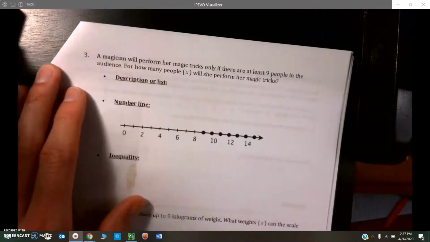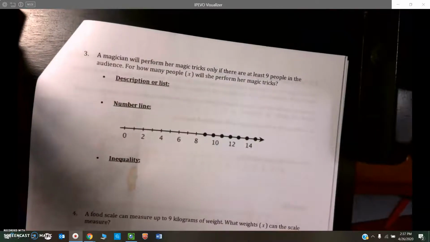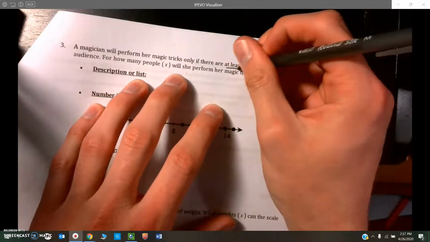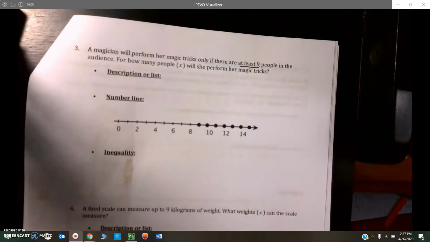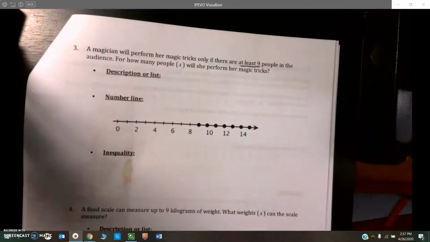So for number 3, a magician will perform her magic tricks only if there are at least 9 people in the audience. For how many people will she perform her magic tricks? So what does at least mean? If I said, let's say you went to Cedar Point, right? And you must be at least this tall to ride this ride.